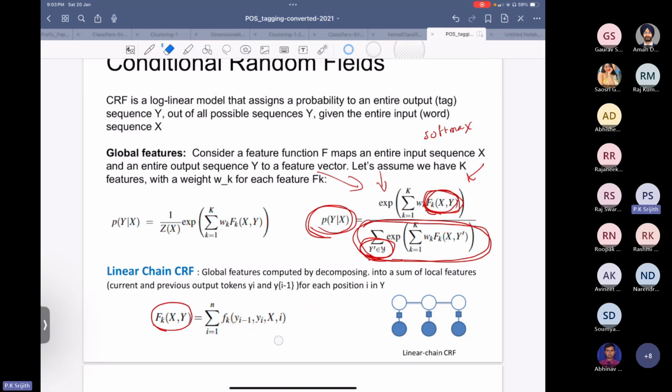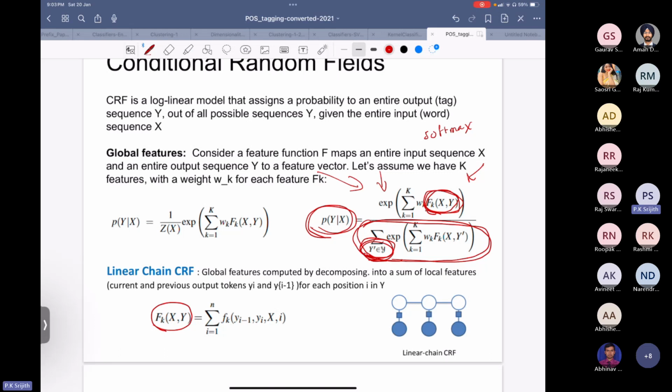Yes, the summation will still be there, but we will see that the summation can now be brought inside. We can bring the summation over these different components inside, and we can do it more efficiently, like the way we have seen in the case of the hidden Markov model.